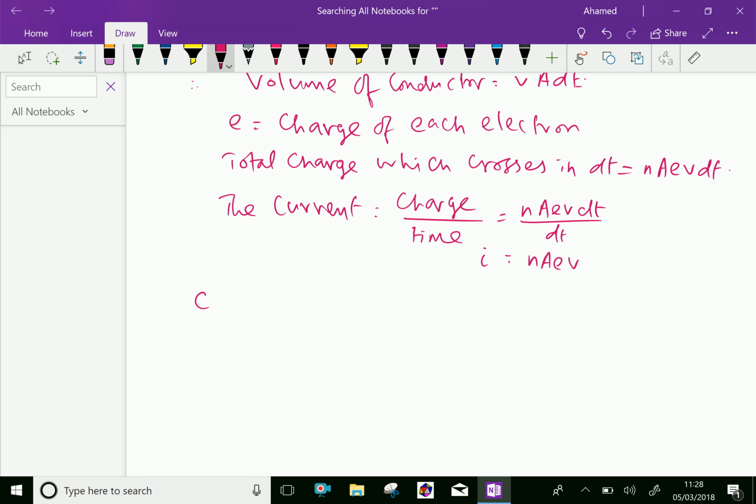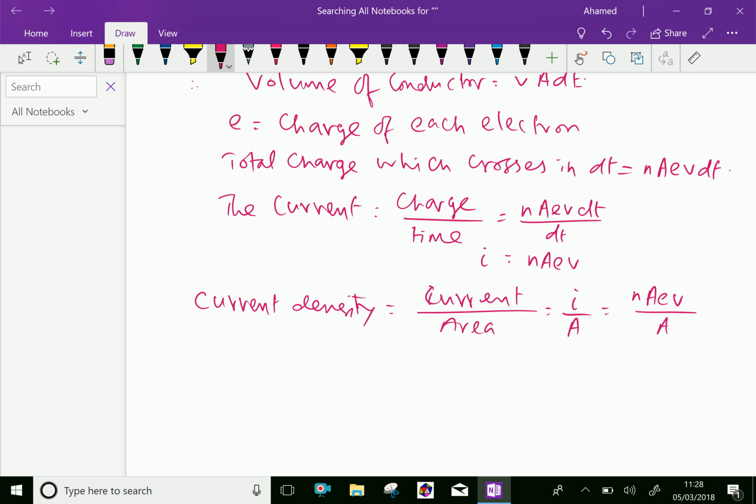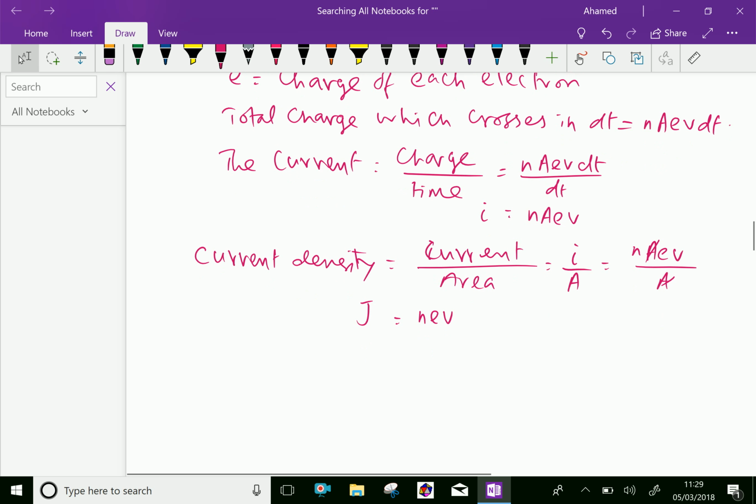Now current density, which means current by area of the cross section, that is I over A. I is already n A e v over A, and A and A cancel, we get the current density J equal to n e v, and the unit is ampere per meter square.